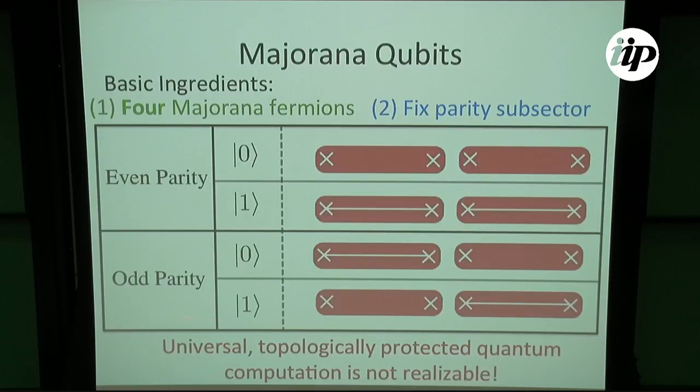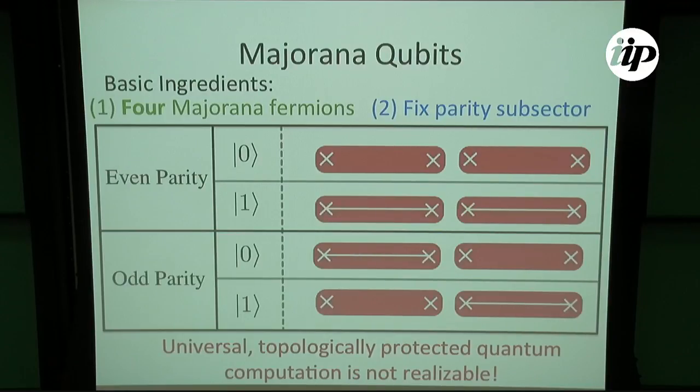Choosing, let's say, odd parity, you define the zero state of your Majorana qubit as the left. So there are 2 topological superconductors, and when the Majoranas in the left topological superconductor are occupied, it's in the so-called zero state, and when the Majorana fermions on the right topological superconductor are occupied, then it's in the 1 state.